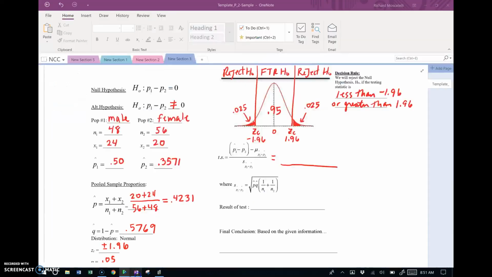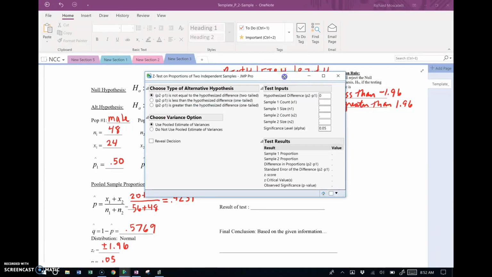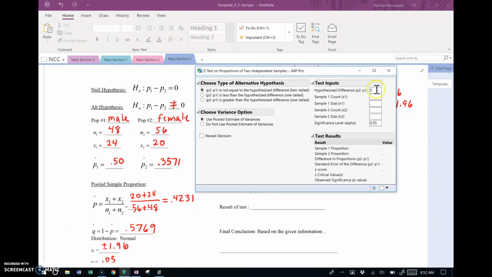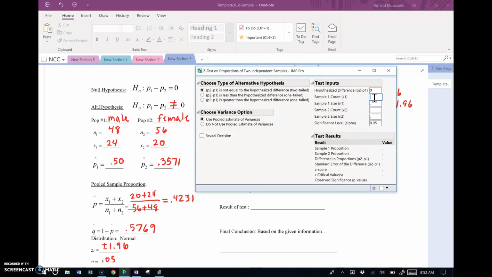We set that up already: the assumed difference is that there is no difference, and we're testing that against there being a difference. So when you subtract those percentages, you get nothing. JMP sets that to 0 by default, but you could change it if the question asked you to.